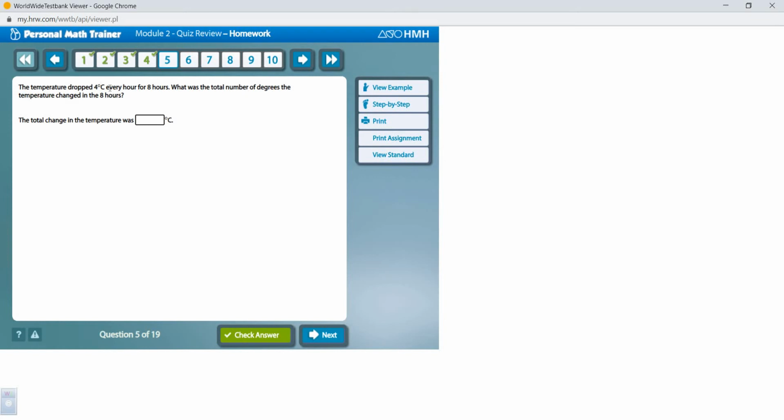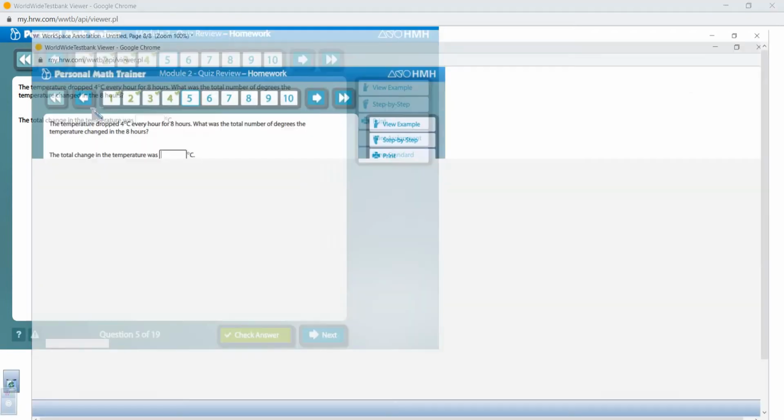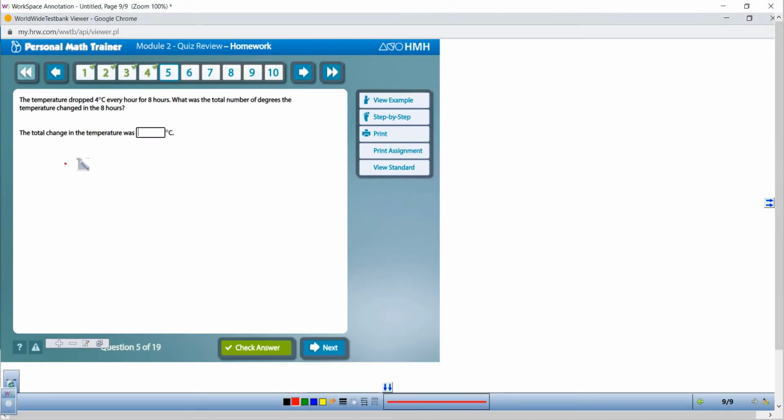All right, what about this next one? The temperature dropped 4 degrees Celsius every hour for 8 hours. What was the total number of degrees temperature change? Remember, when something drops, that's going to be a negative. So negative 4, it dropped 4 degrees. 8 hours, it happened 8 times.